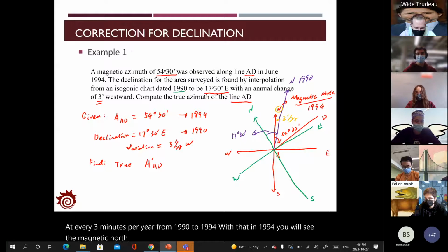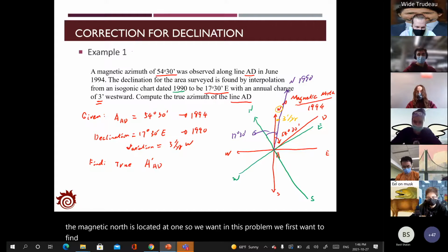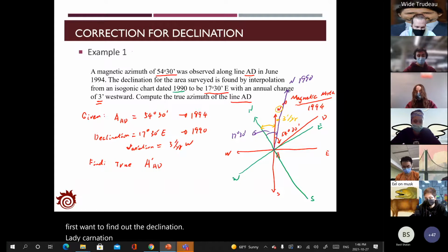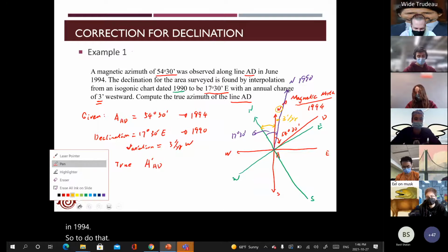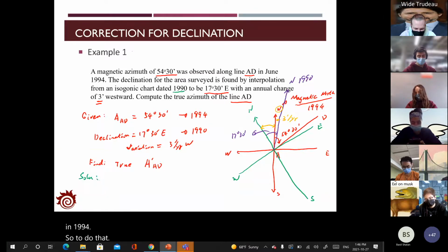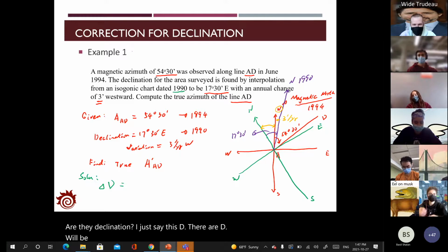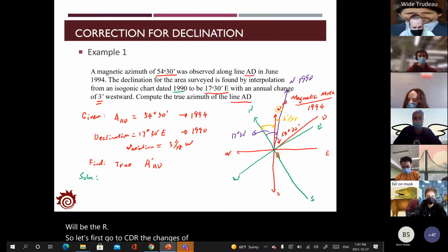In this problem, we first want to find out the declination in 1994. To do that, let's first see the changes of the magnetic north from 1990 to 1994.